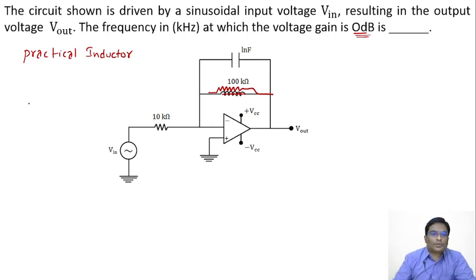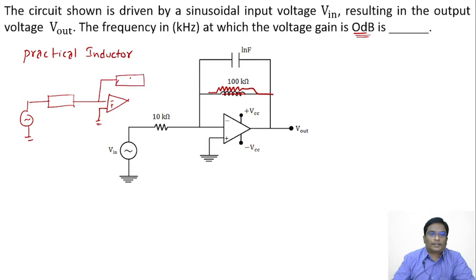And here it seems to be something like this, with some impedance, minus and plus, attaching some impedance here. This is your Z1, and this is Z2. The input is given to the inverting terminal, and the non-inverting terminal is grounded.